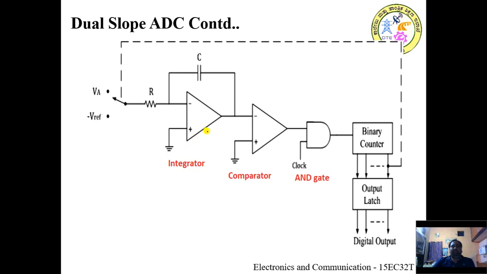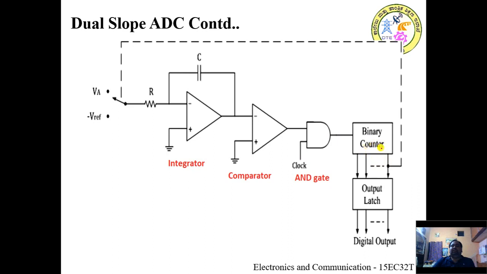The output of the integrator is fed to the inverting input of the comparator, and the output of this comparator serves as one of the inputs of the AND gate. Another input of the AND gate is connected to the clock, and the output of this AND gate is provided as input to the binary counter.